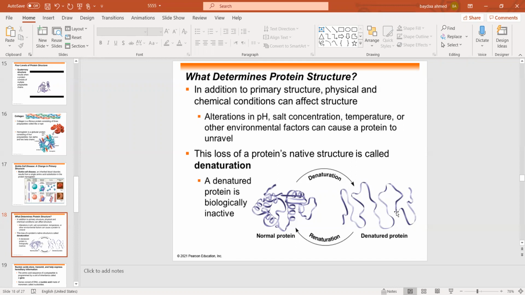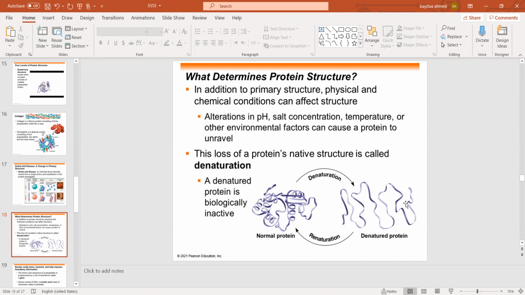A protein transferred from an aqueous environment to a nonpolar solvent such as ether or chloroform is affected because those chemicals disrupt the hydrogen bonds, ionic bonds, or disulfide bridges that maintain protein shape. Heat, which agitates a polypeptide chain, also denatures proteins.